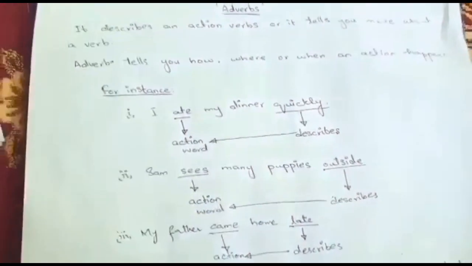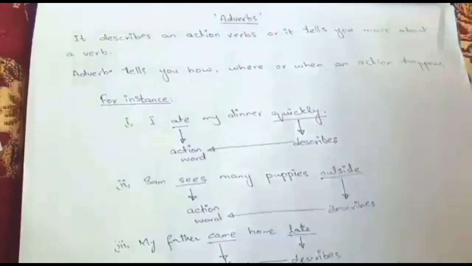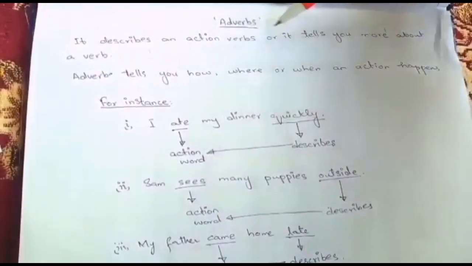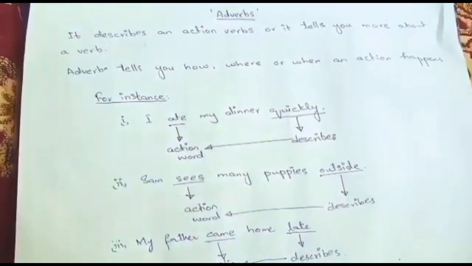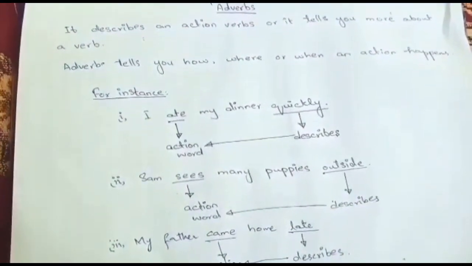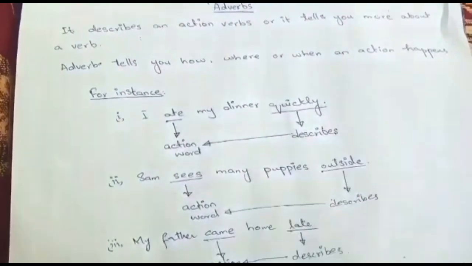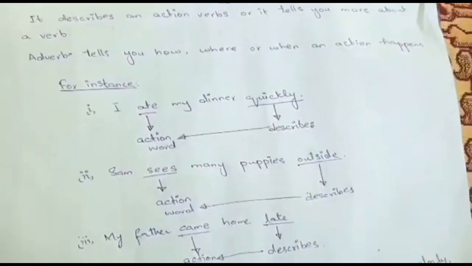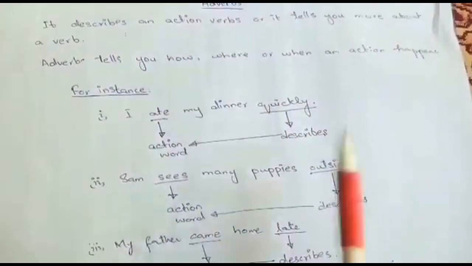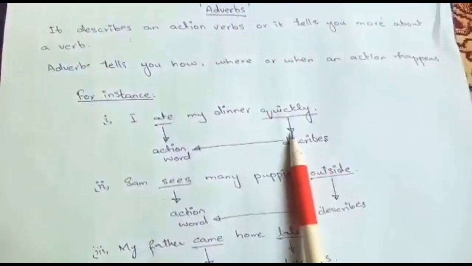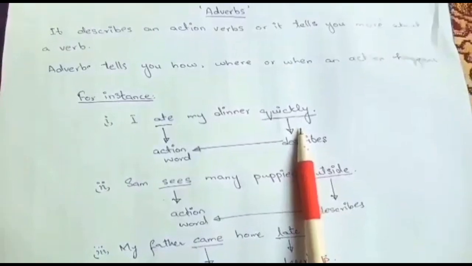So what are adverbs? Adverbs describe an action verb, or tell you more about a verb, or tell you how, where, or when an action happens. For instance, I ate my dinner quickly. Over here, quickly tells us how an action happens.